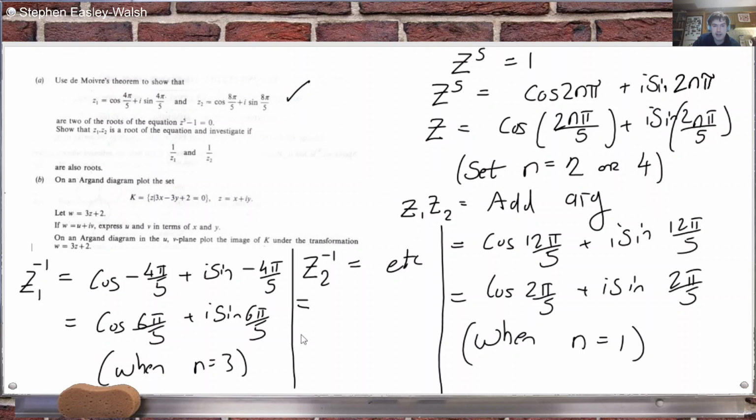It's the same technique here. Cos 2π over 5 plus i sin 2π over 5. So that's when n is, oh yeah, we had that earlier, when n is 1. So it looks like it's a yes for that as well. Okay, great. It's a long first part.